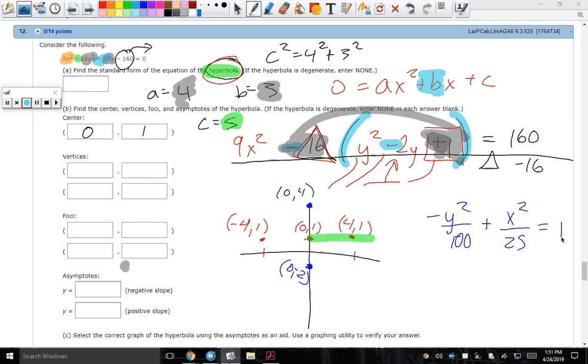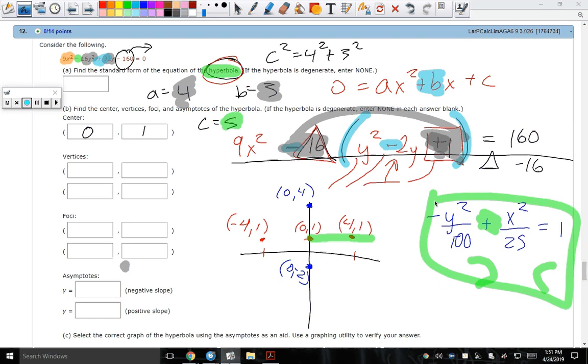Even though the y is listed first, order matters means which one is positive, which one has that positive coefficient. That's what will tell you that it's going to be horizontal. So it would be something like this. I just created this problem so you could see it doesn't matter necessarily what's listed first. I mean, it does, because most likely you're going to see something positive minus the other one. Okay? Questions?